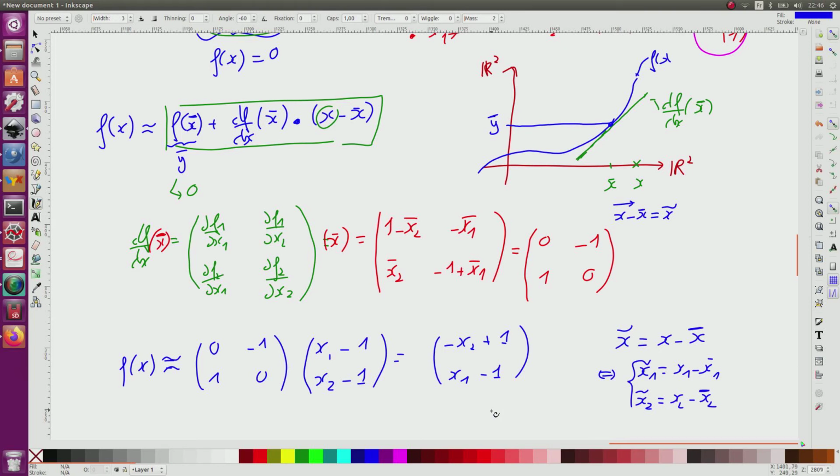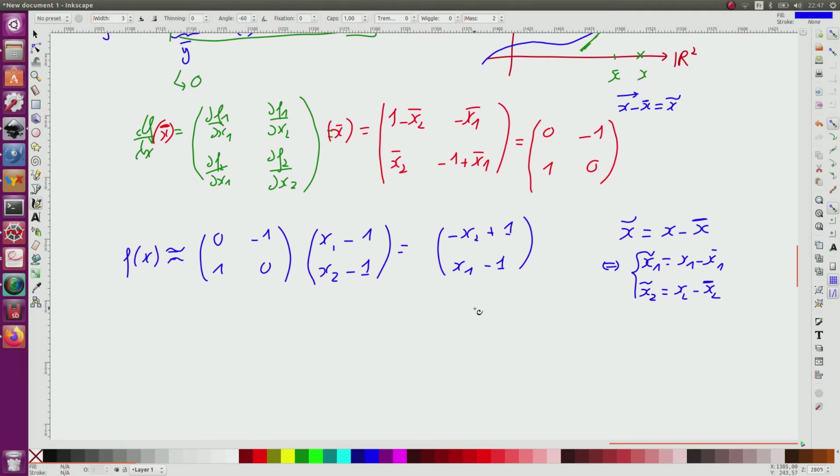Then in this case, I will obtain the linearized system, which is not affine like this one.